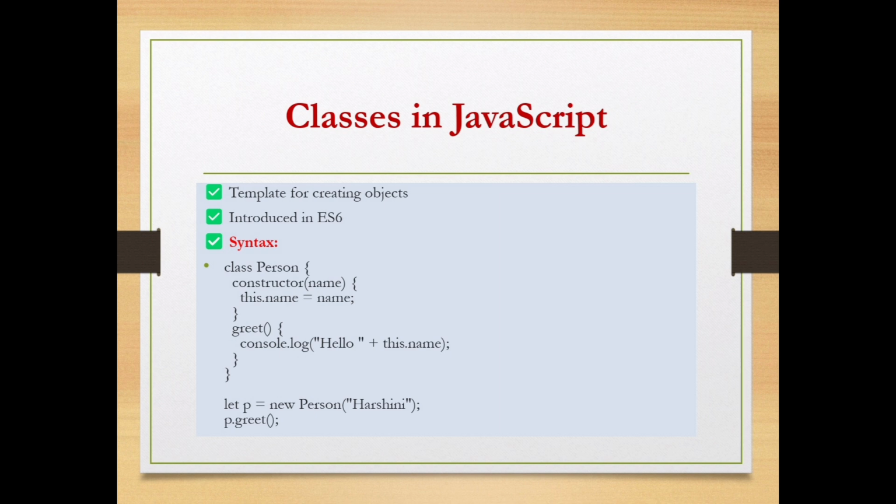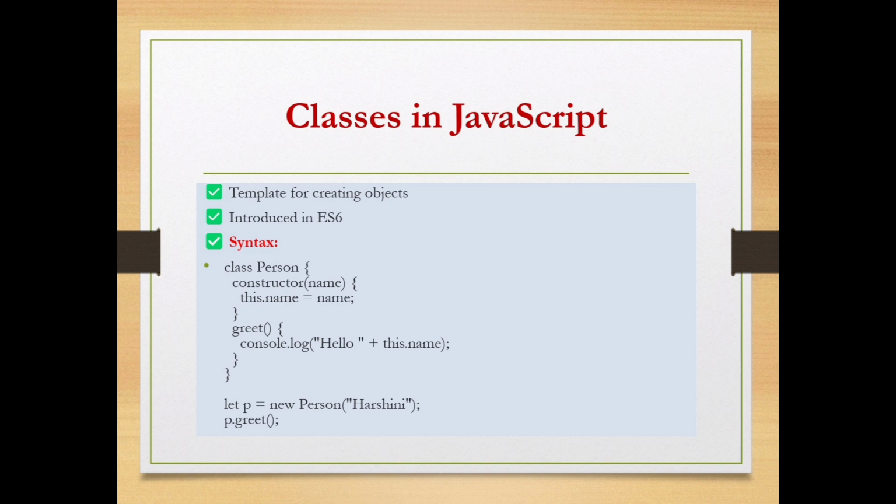I am taking a class name as person. Inside the class I am creating one constructor. Inside the constructor I am passing one parameter as name. Next, inside the constructor I am taking this dot name equal to name, means this name belongs to this block. Next I am closing the constructor.